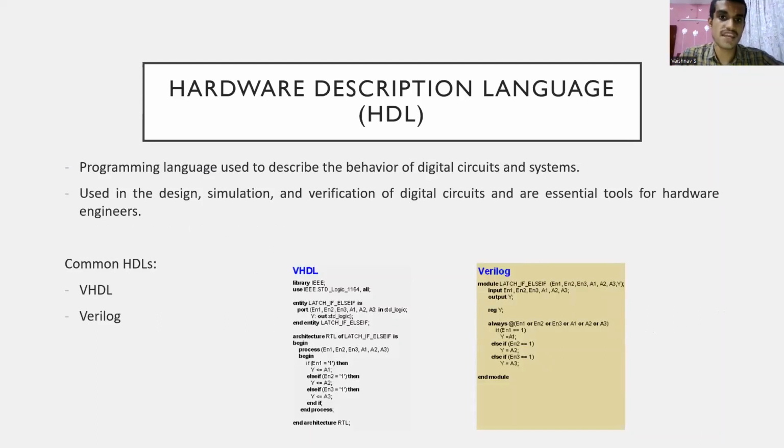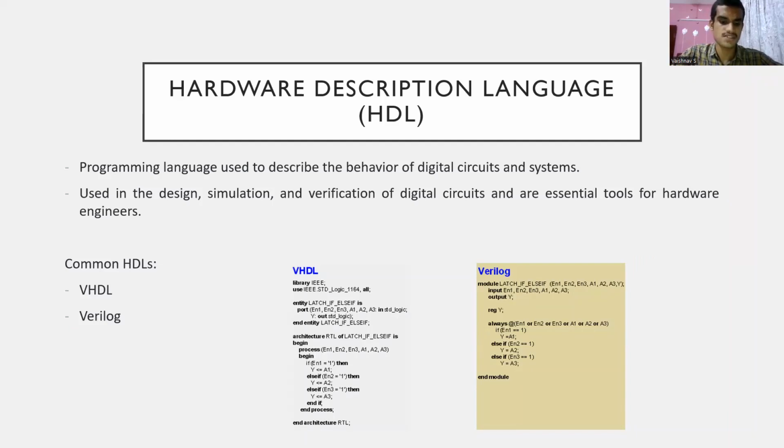So let us come to a very important point in this project, which is Hardware Description Language, or HDL in short. It's a programming language used to describe the behavior of digital circuits and systems. It is used to design and simulate digital hardware before it is implemented in an actual physical integrated circuit.